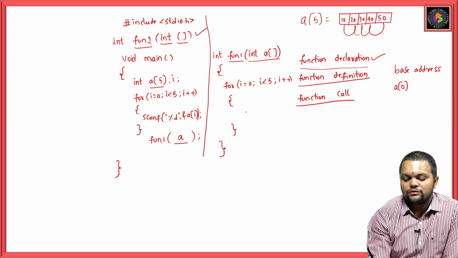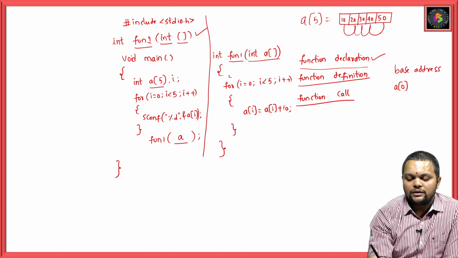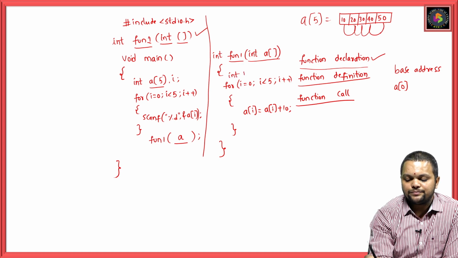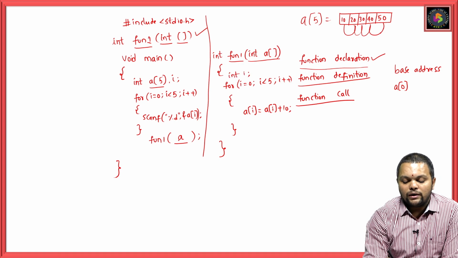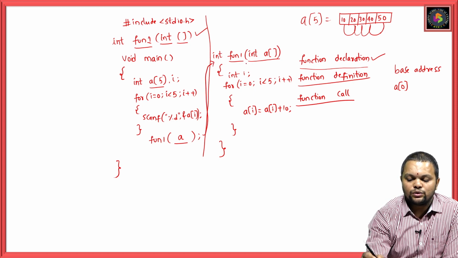So, I will take a of i equal to a of i plus 10. I will just initialize int i. So, fun 1 of a is given to the function called function 1.